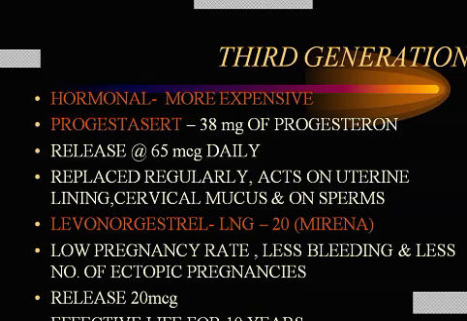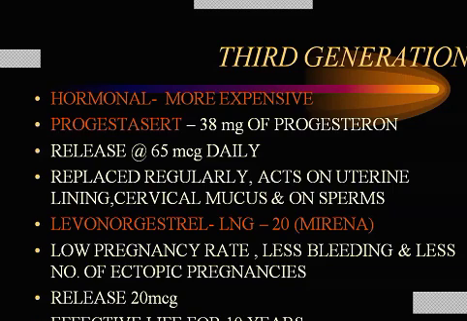Here also, with this levonorgestrel, the menstrual blood flow is low. The duration of bleeding and the quantity of bleeding are also less with this levonorgestrel, and there is a low incidence of ectopic pregnancies.